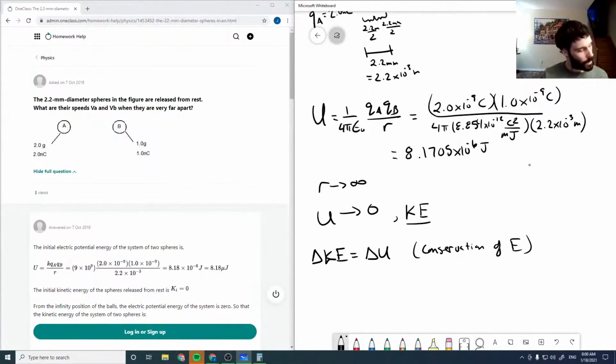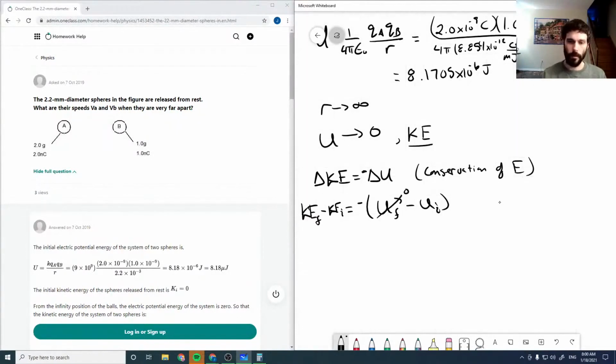Our initial kinetic energy was 0, so KEF minus KEI is equal to minus (UF minus UI). Our UF is 0, and so our final kinetic energy is just our initial potential energy, which is this 8.1705 times 10 to the minus 6 joules.